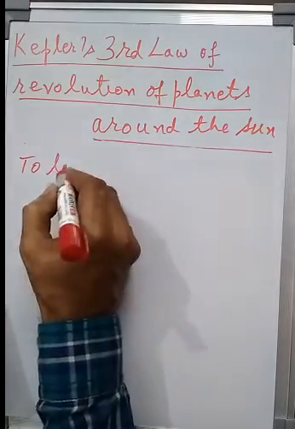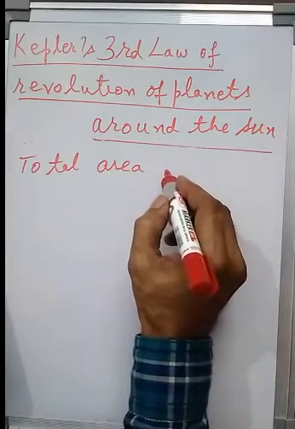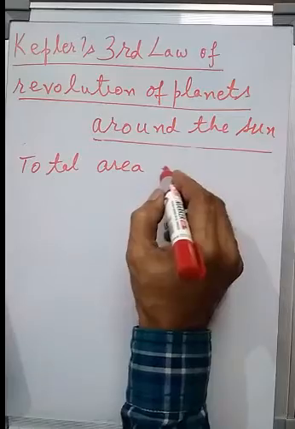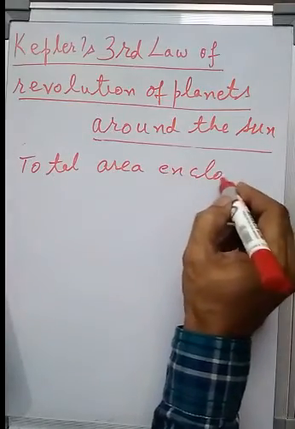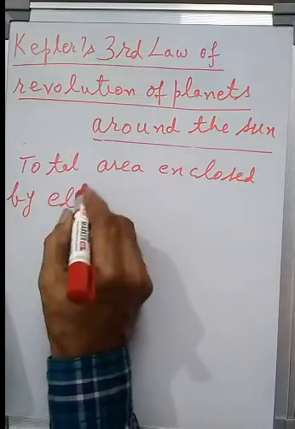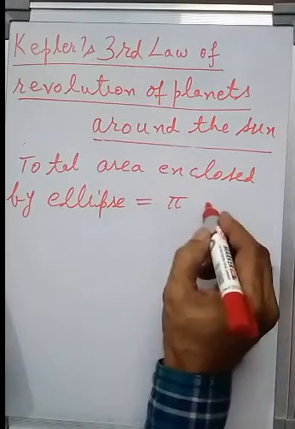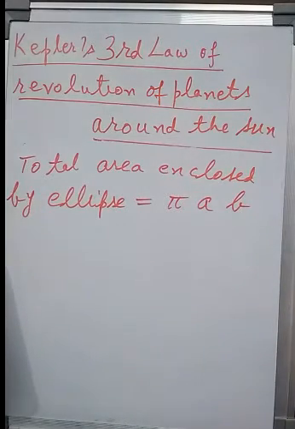The total area enclosed by the ellipse is given by pi a b. This is a relation from mathematics.